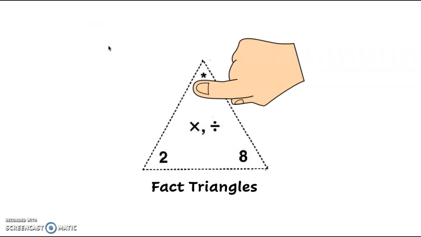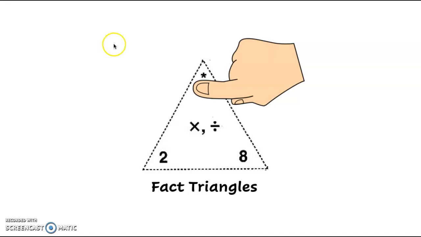Okay, friends, in your math journal, you have got fact triangles. So you can go ahead and look in the very last pages of your math journal, cut those out so that you can practice multiplying and dividing with your parents. So remember that when you are looking at a fact triangle, you are going to cover one of the corners.